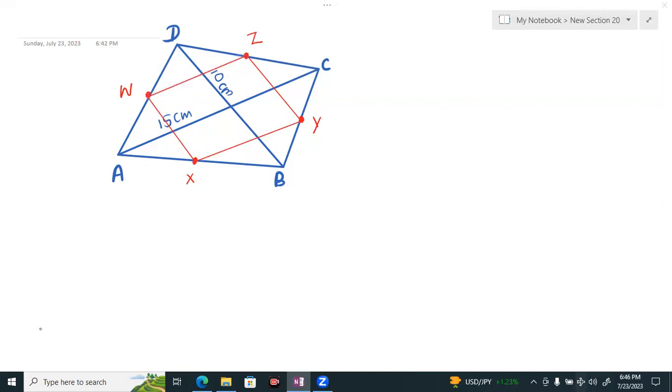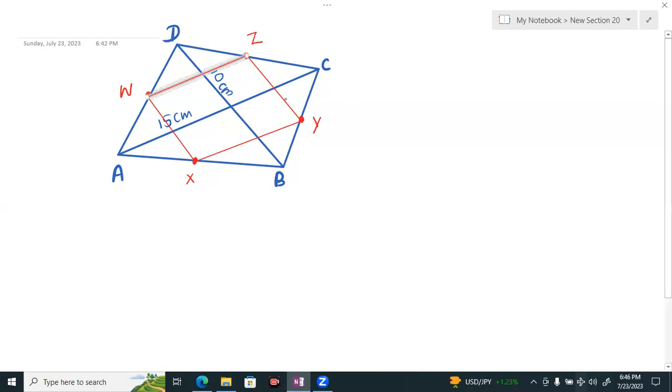Okay, now you have to find the perimeter of the quadrilateral XYZW. Then how do we do this? You can identify that ZY, if you consider the triangle BDC, is the straight line segment which joins the midpoints of two sides of the triangle DBC.